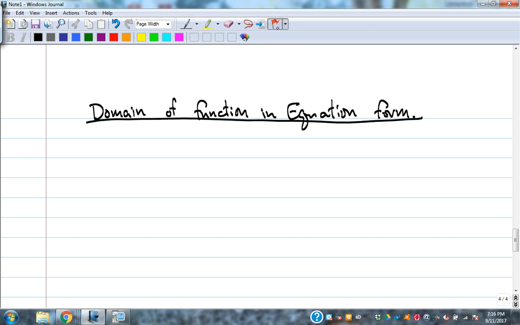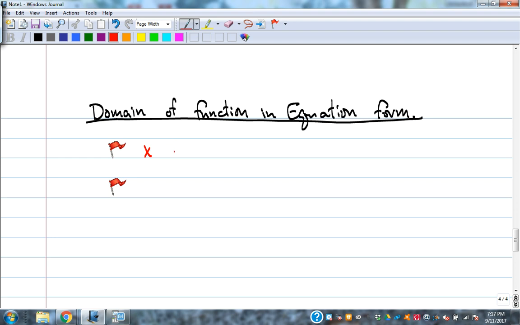And what we've got to look for are these red flags. There are only two red flags that you have to worry about when you're looking at the domain of a function in equation form. The first red flag that you have to look for is x's or variables.